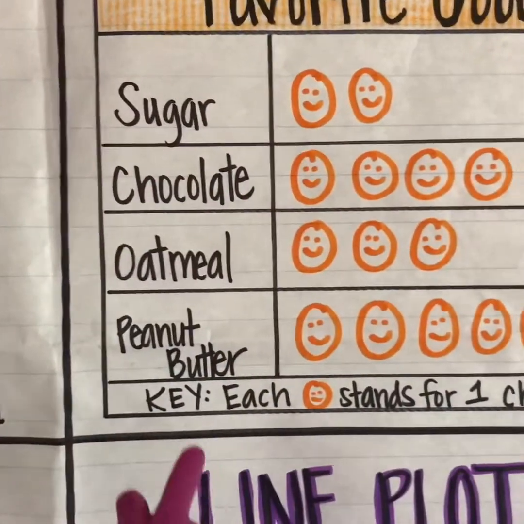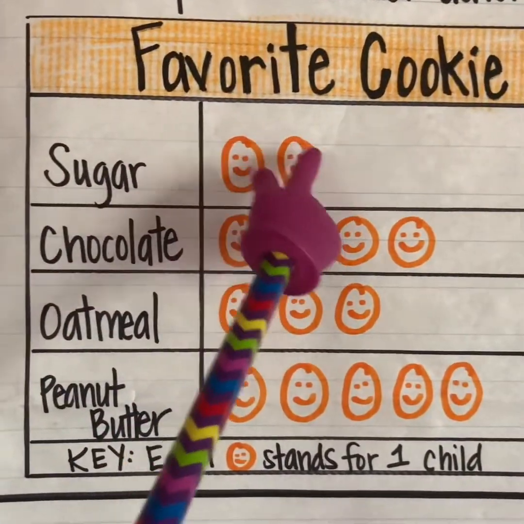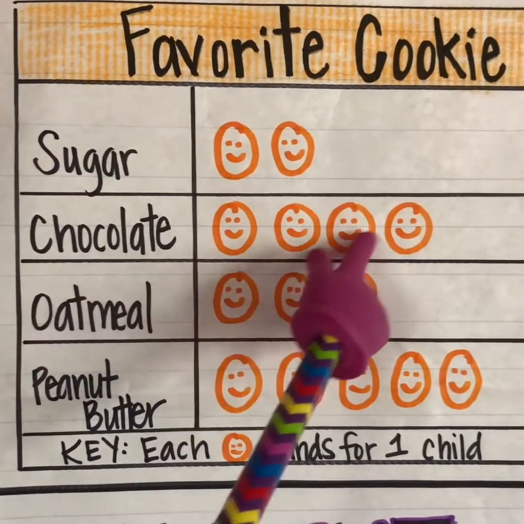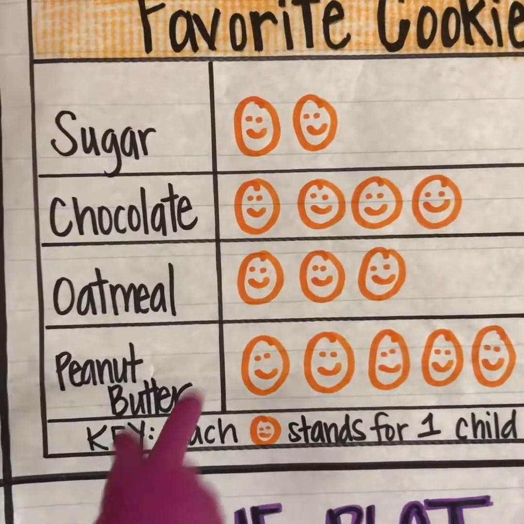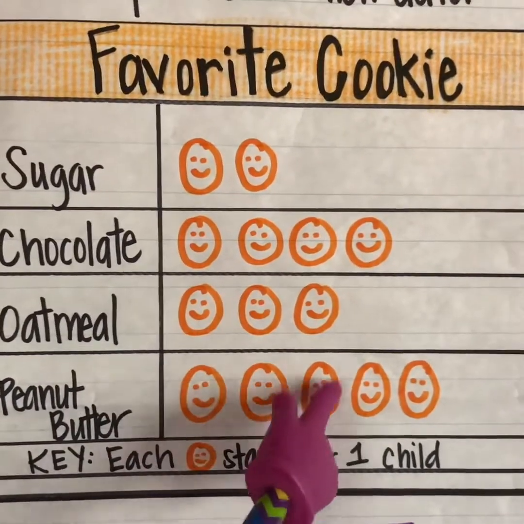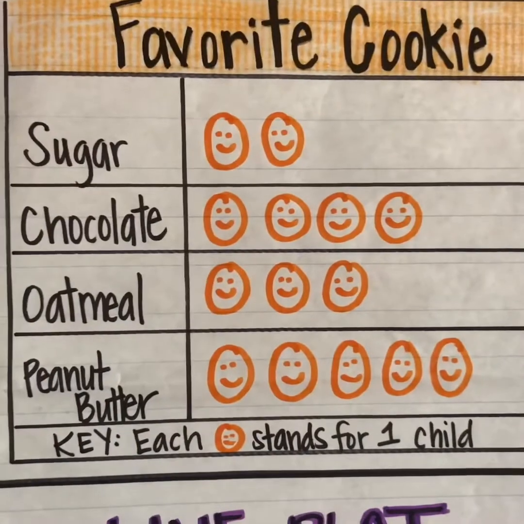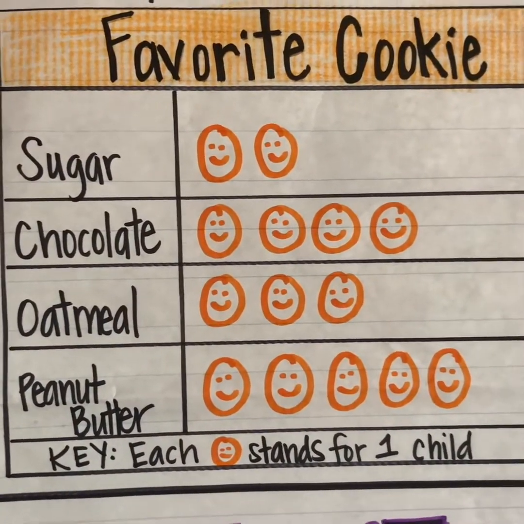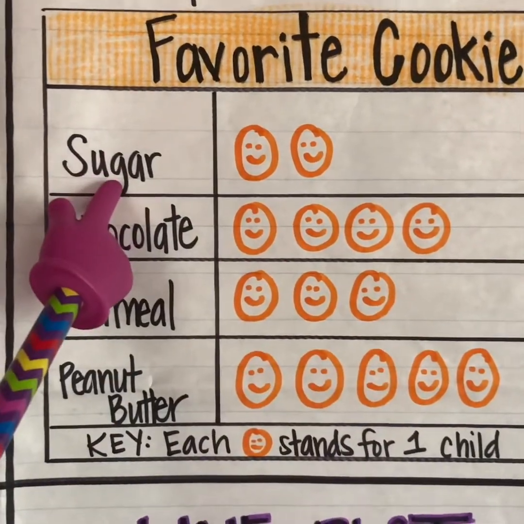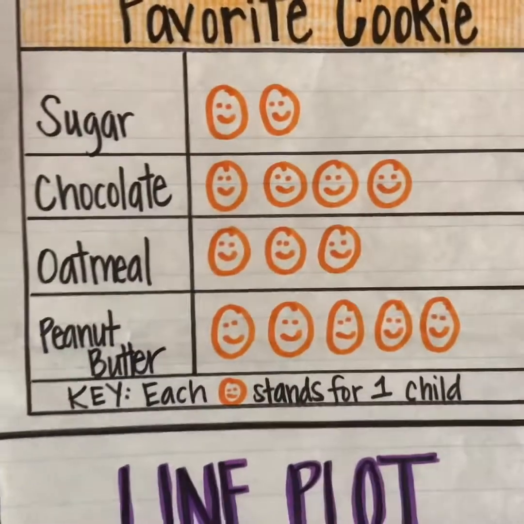So knowing that, we can see that there were 2 children that liked sugar cookies the best. 1, 2, 3, 4 children that liked chocolate. 1, 2, 3 children that liked oatmeal. And 1, 2, 3, 4, 5 children that liked the peanut butter the best. So you can tell that peanut butter was the favorite with 5 votes, and sugar was the least favorite with 2 votes.